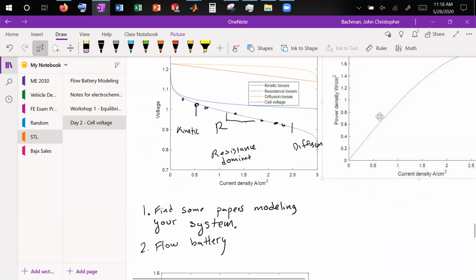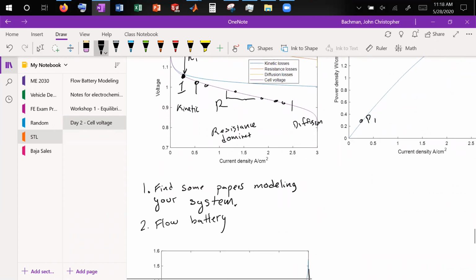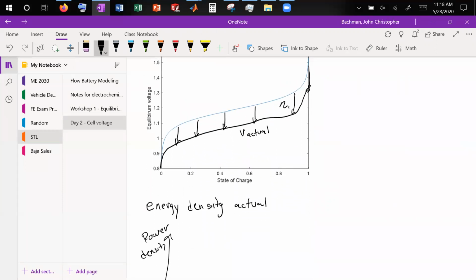Right, so you take this, you'd run basically everything for this point, and you'd say, okay, I'm going to get the overpotential. So this is eta at 0.1, and then I'd get the power at 0.1, and then for that eta at 0.1, you could run your model. So this is eta 1, and from this integral, you could get the energy at condition 1.